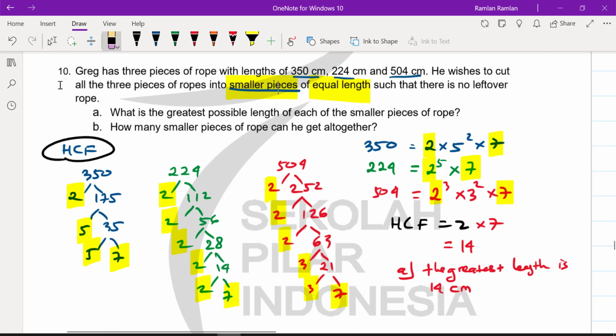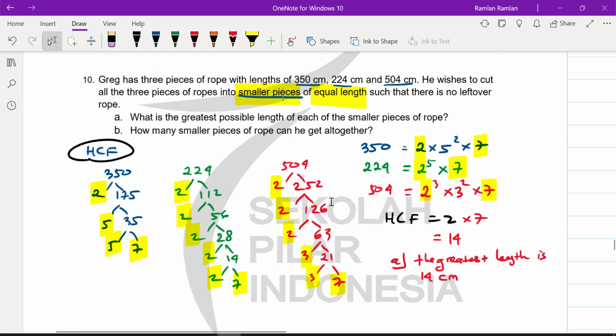For this method, I'm just going to add all of them. So that'll be the total length. I'm going to write down the total length. The total length of the rope is 350 plus 224 plus 504, and that'll be equal to 1078.